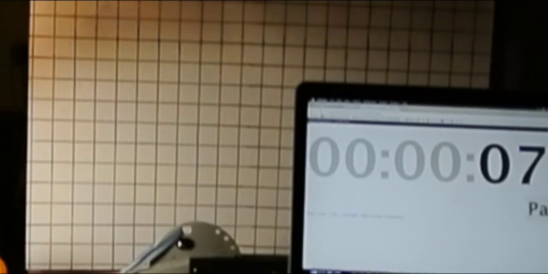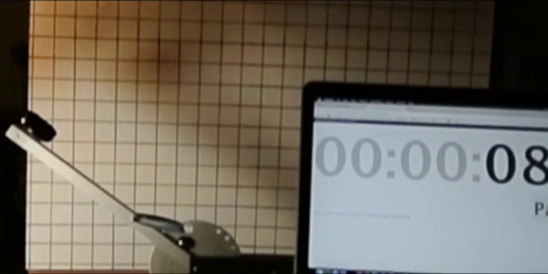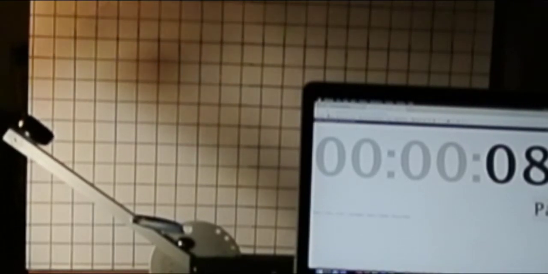Then I would calibrate that with real-world measurements like millimeters, centimeters, and meters. Then I figured out the initial velocity and the initial angle from this. Then I predicted the distance that the ball would travel and compared that with the actual distance the ball traveled.